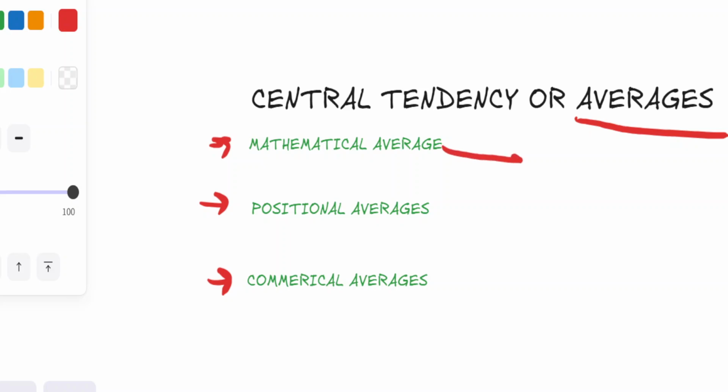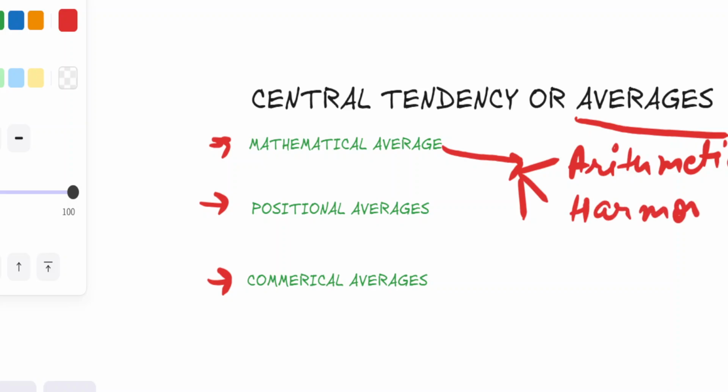Mathematical average further holds three different parts. The very first is arithmetic mean, which is also known as AM. Second is harmonic mean, which is also known as HM.